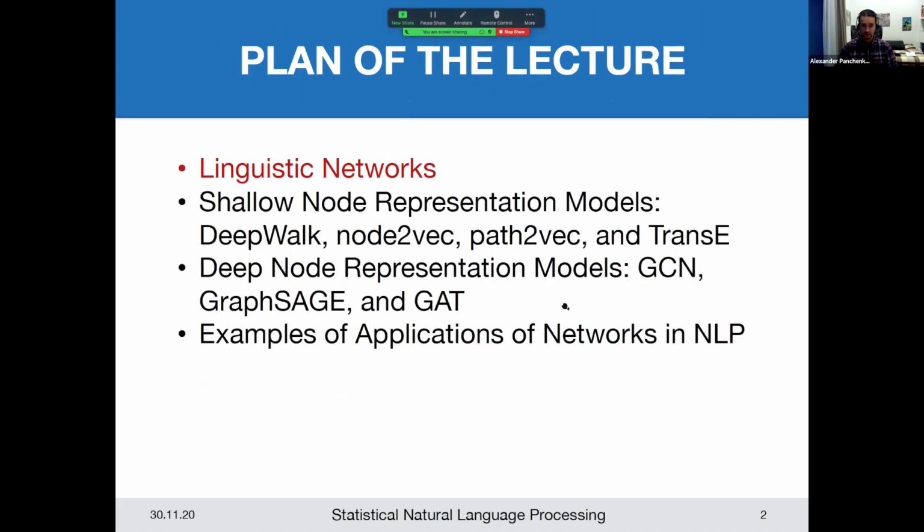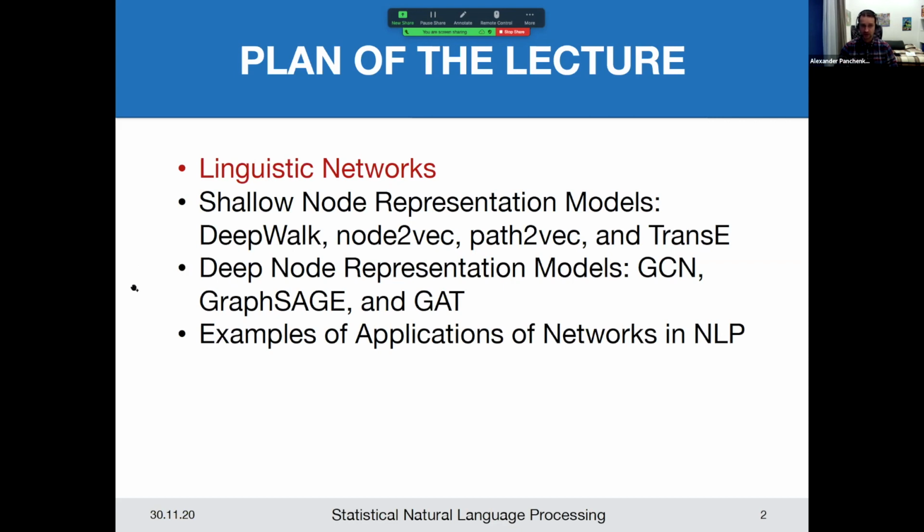Okay, so the structure of our talk today will be like this. First we will speak about various linguistic networks which are available overall. And then we will present a few shallow models which can learn node embeddings, node representations, starting from the earliest approach, DeepWalk, and then go into more recent approaches, which feature additional properties and functions which were not available in the earliest approach.